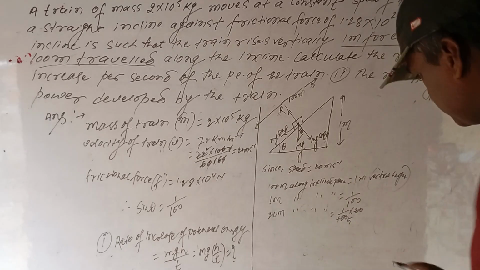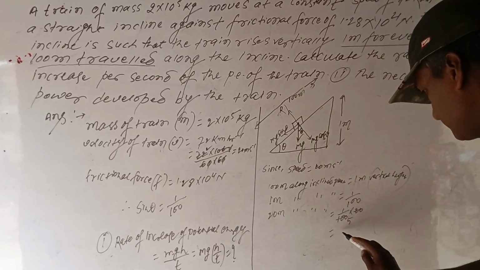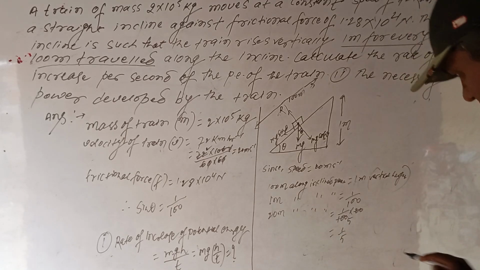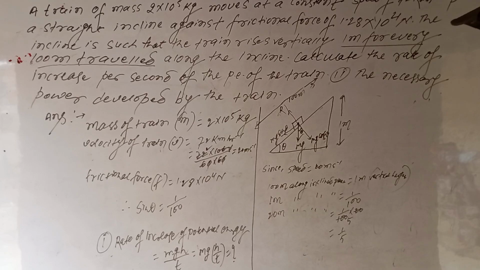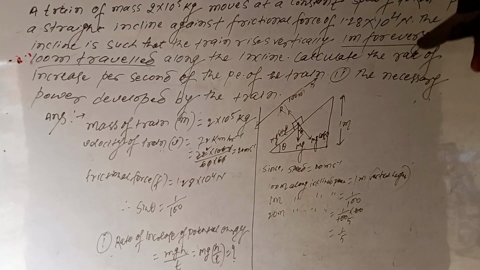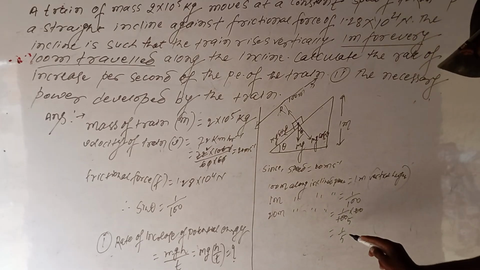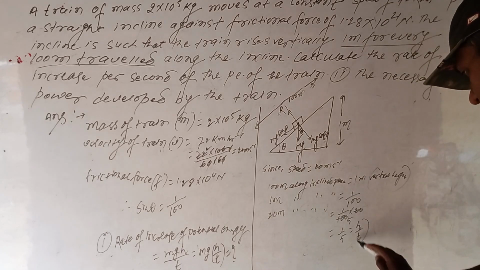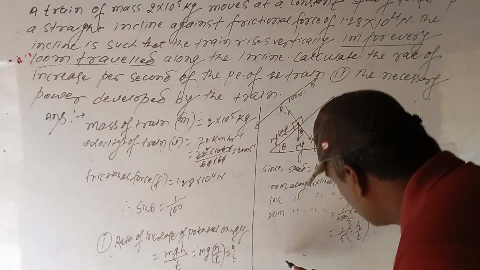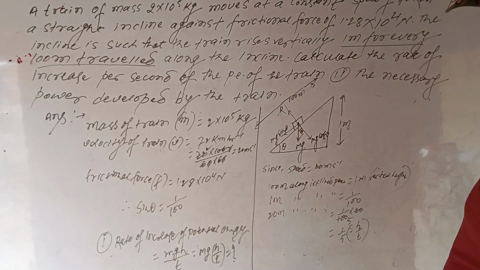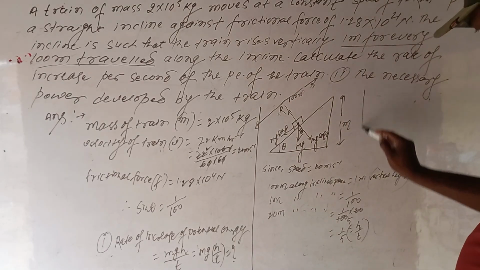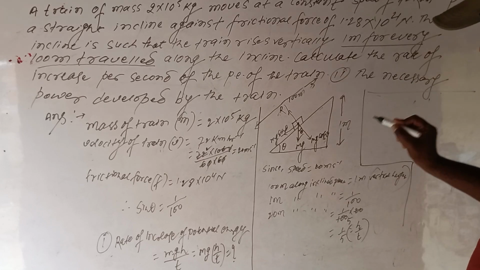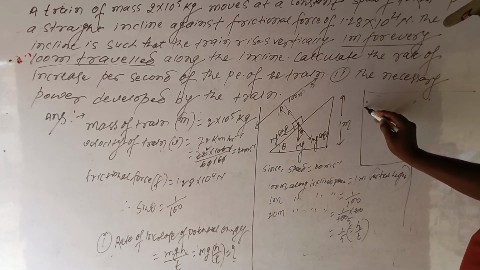If the train travels 20 meters, since 20 meters per second is its speed, in 1 second the height gained by the train becomes 1/5 meter. This is h by t.